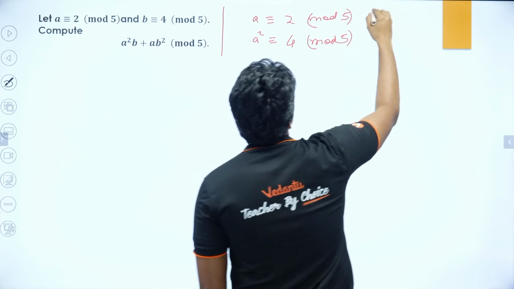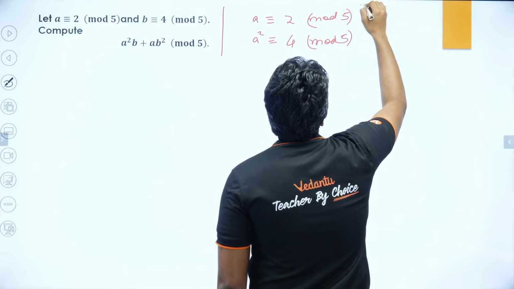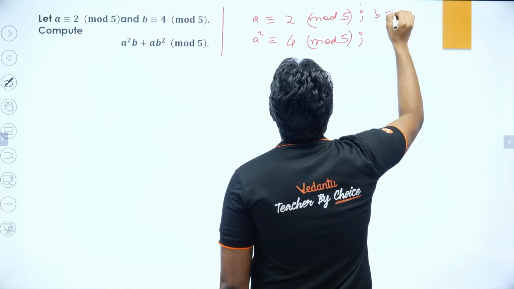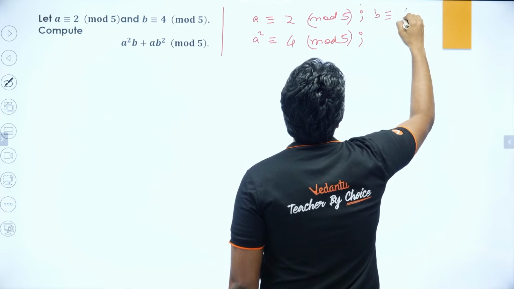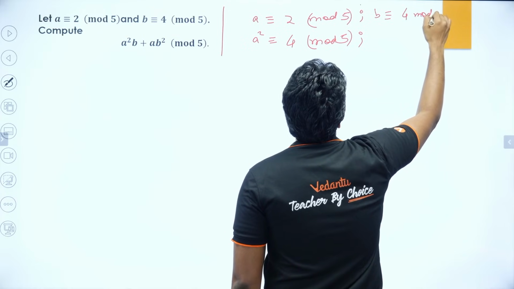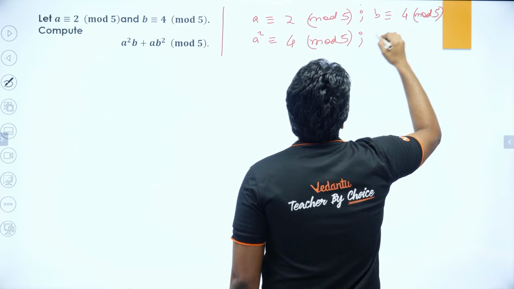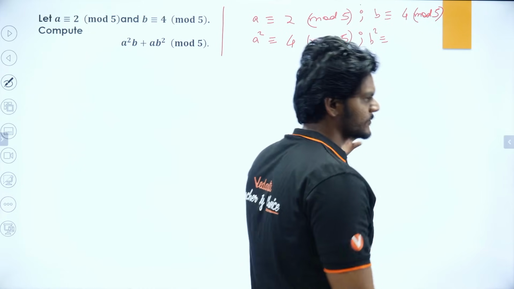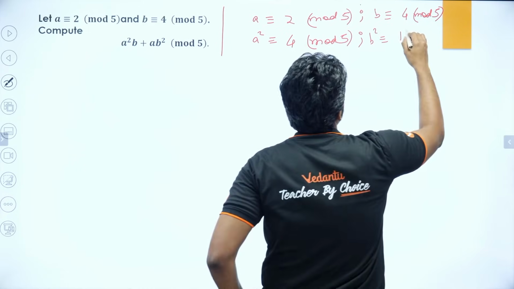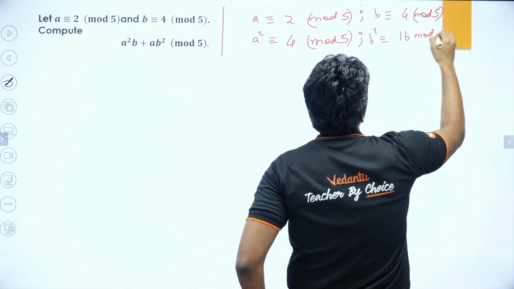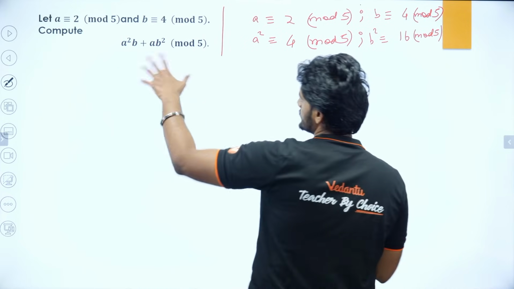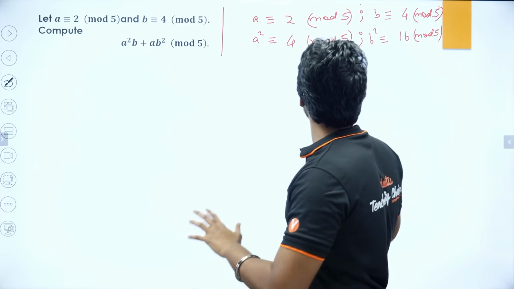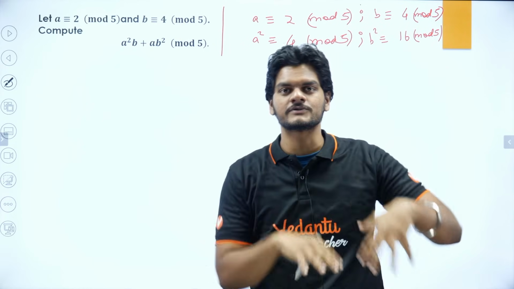And we have B is congruent to 4 mod 5. What is B square congruent to? Which is 4 square, so it has to be 16. But while calculating these kinds of questions, we often prefer to reduce the numbers.